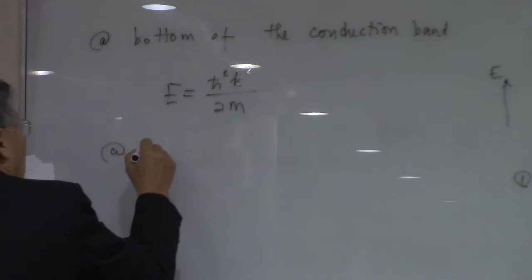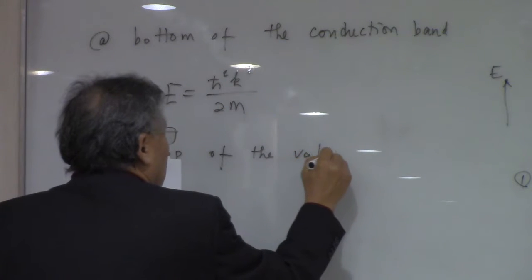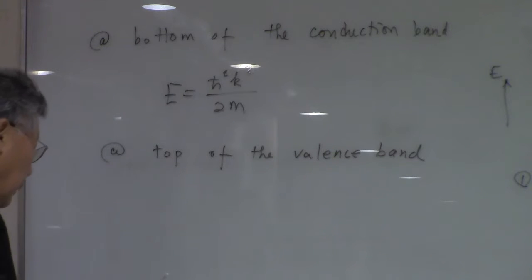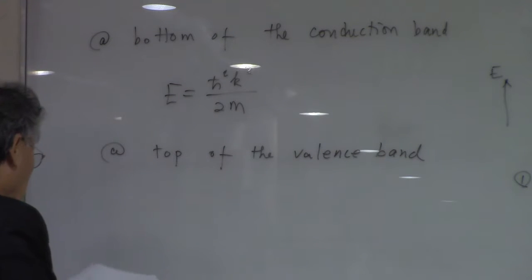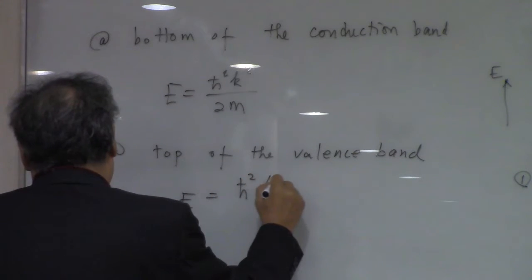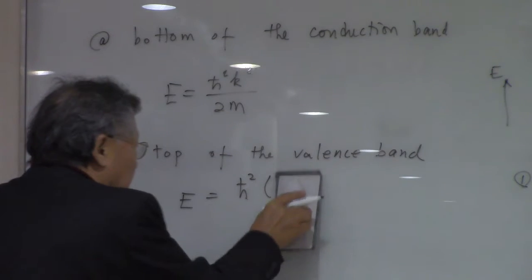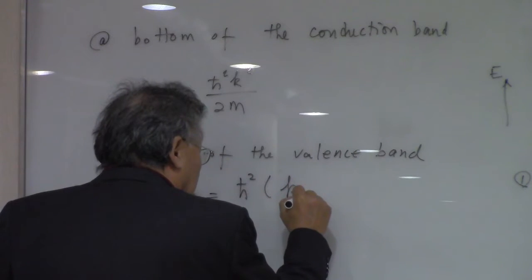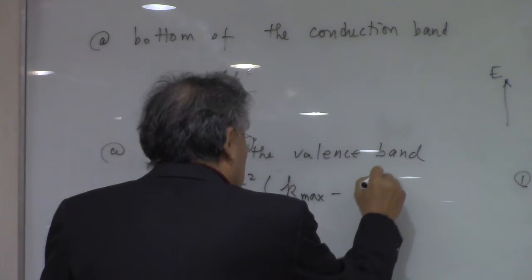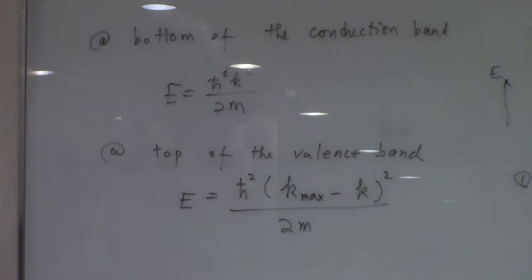And also at top of the valence band, we also have a free electron-like behavior so that the energy in this case is going to be expressed as h bar square (k max minus k) square over 2m, something like this.